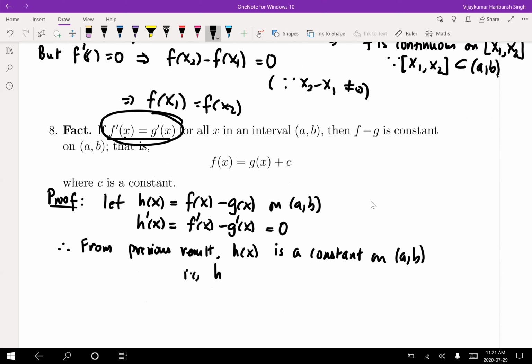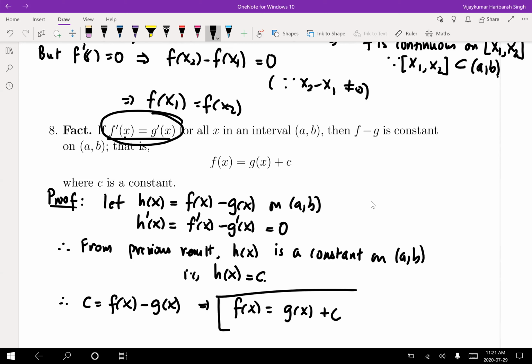That is, h of x equals c. Therefore, c equals f of x minus g of x. This implies f of x equals g of x plus c. So two functions, if their derivatives are equal, only differ by a constant.